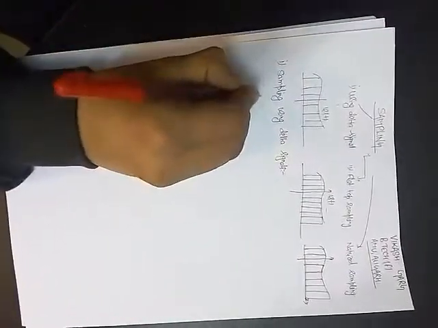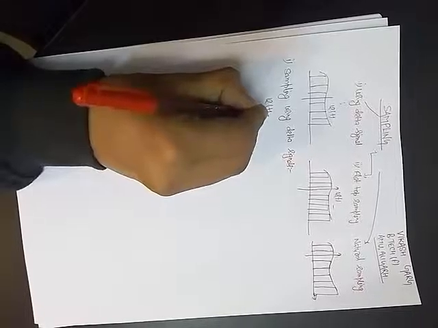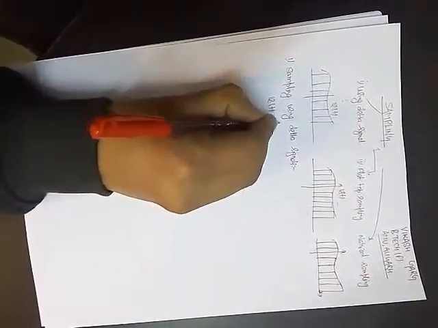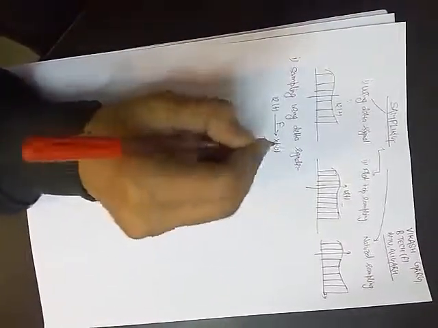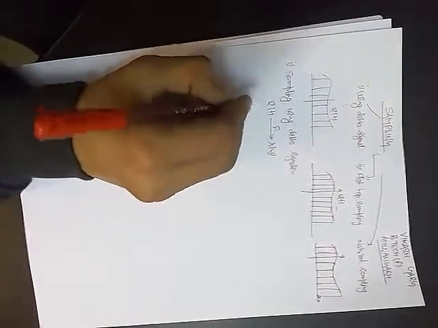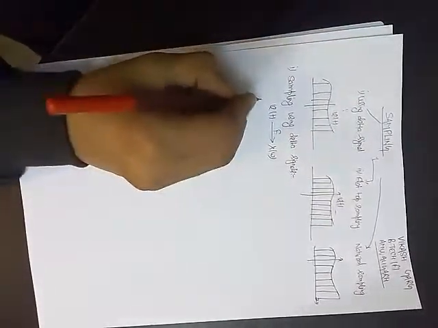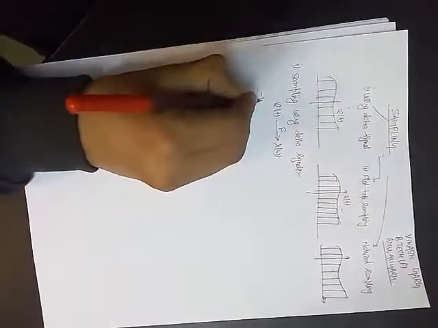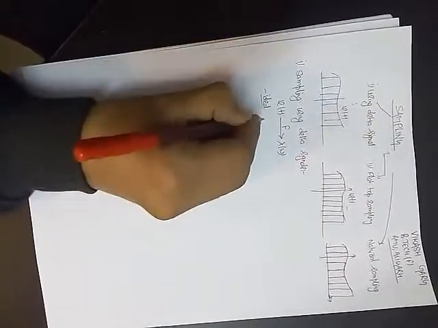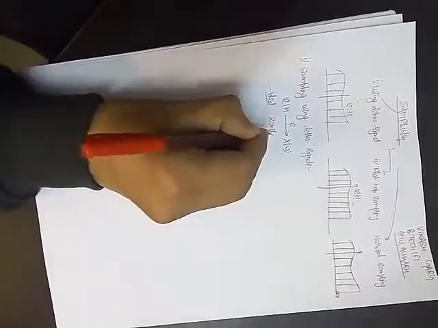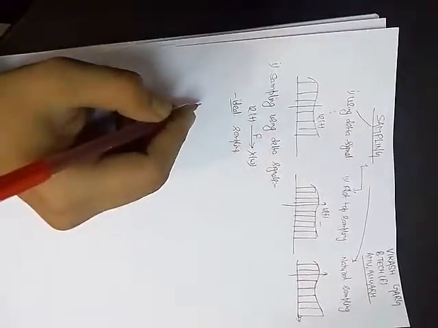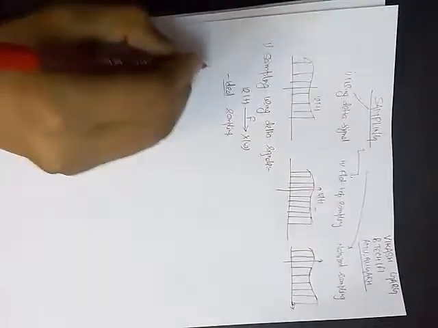So we have a simple signal x(t), and its Fourier transform will be X(ω). For converting it into a sampled signal, this is also called ideal sampling. For sampling it, we have to multiply this signal by a series of delta functions.